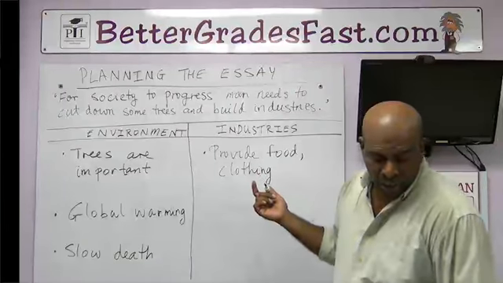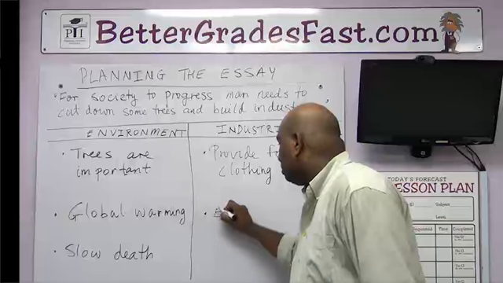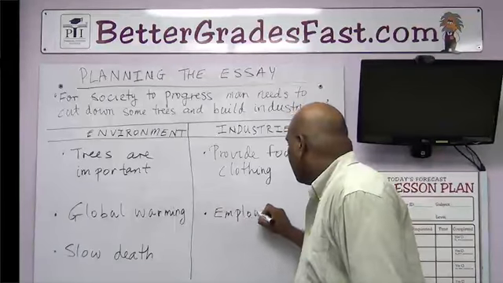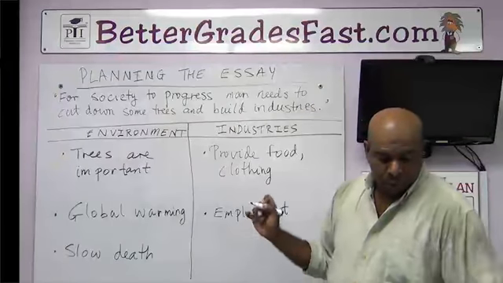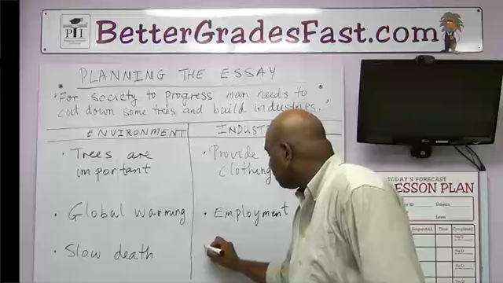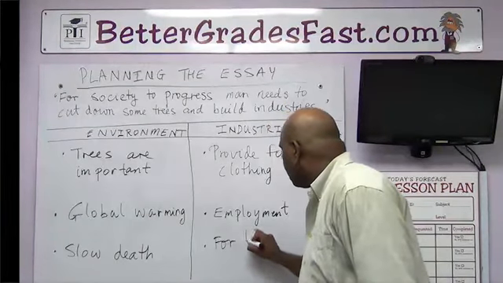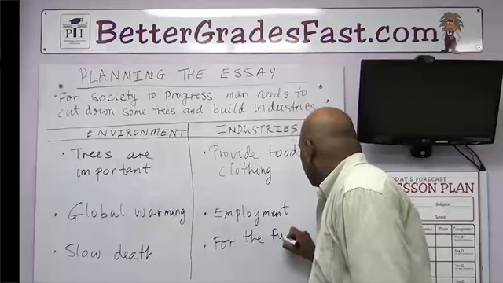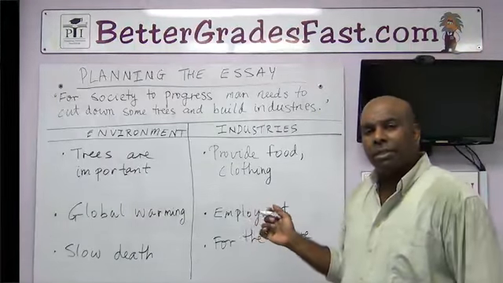Why do we need industries again? Well, we need industries because maybe it provides employment. Okay? We need industries again because industries are needed for our future. For us to survive as a species, as human beings.